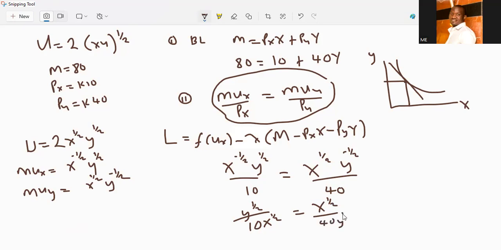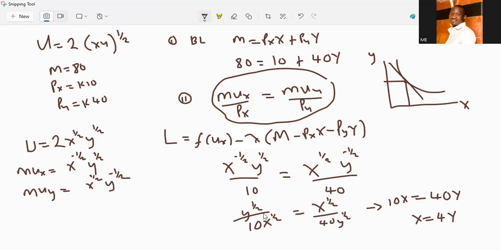When you cross multiply, the half times half according to indices makes 1. So this will be 10x is equal to 40y. Are we together? When you divide by 10 both sides, our x is equal to 4y. This is our first equation we're going to work with.